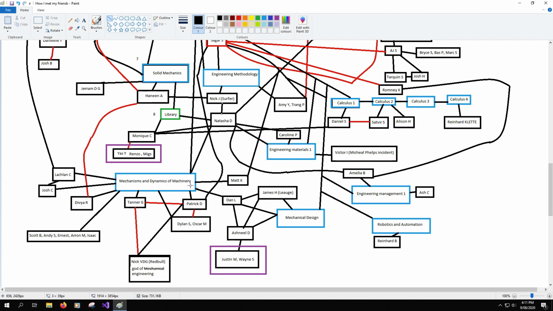Right. So this is kind of semi-complex. So I met Patrick in Mech and Die, who then met Saga through me, I think. Then Patrick introduced Dylan S and Oscar M. Again, back to Mech and Die.